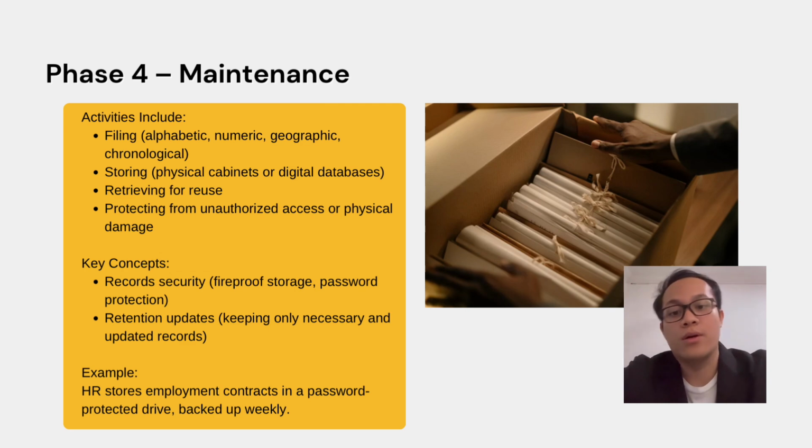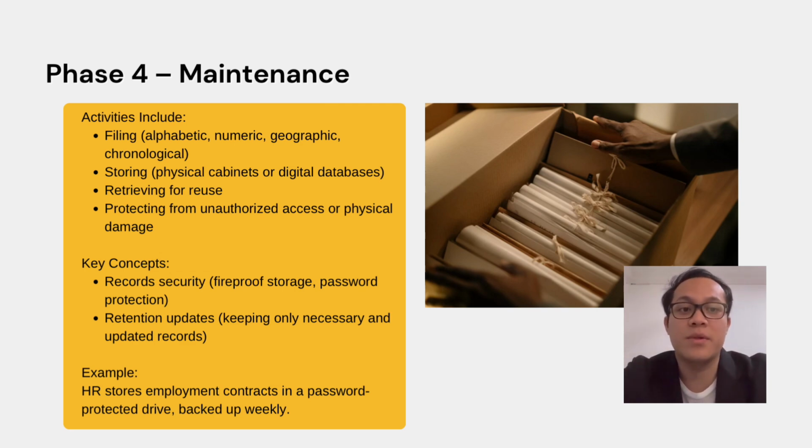We are halfway through, so we go to phase 4, maintenance. Activities included here are filing, alphabetic, numeric, geographic, or chronological. Then storing, in physical cabinets or digital databases, for retrieving for use and reuse, and also protecting from unauthorized access or physical damage.